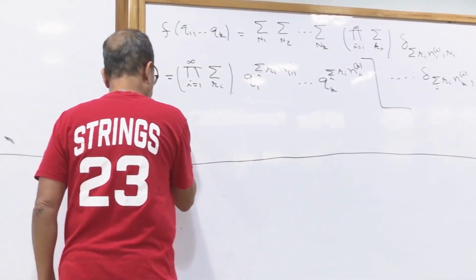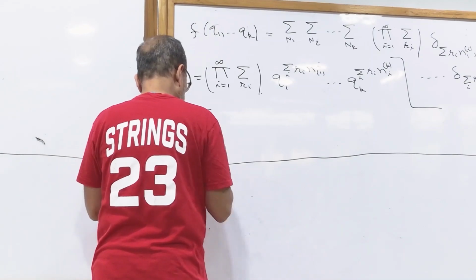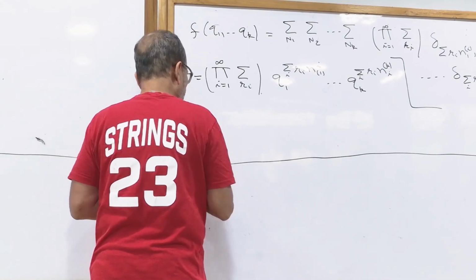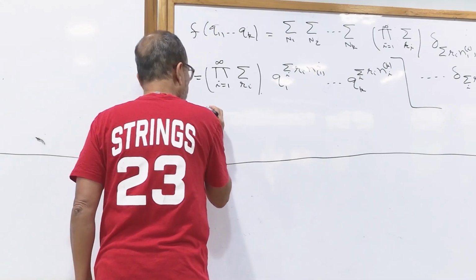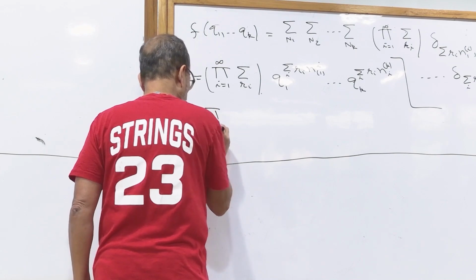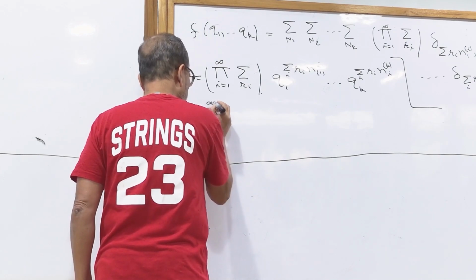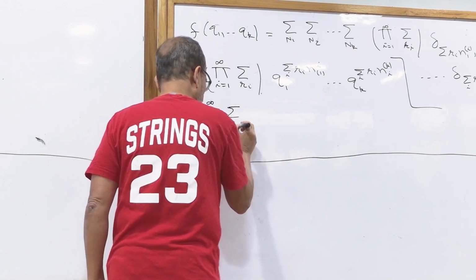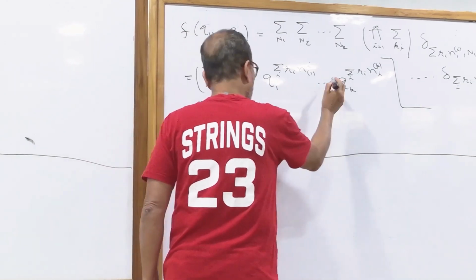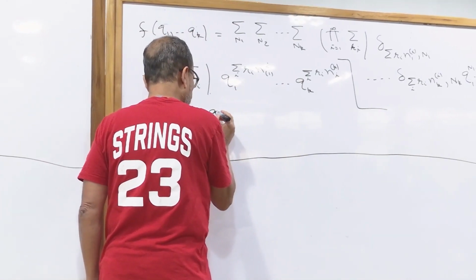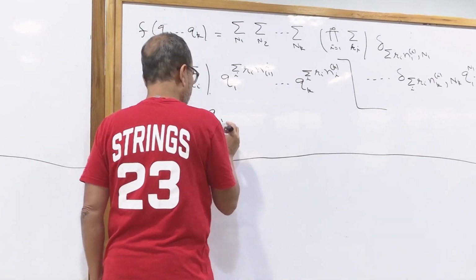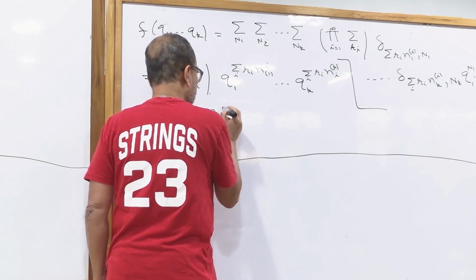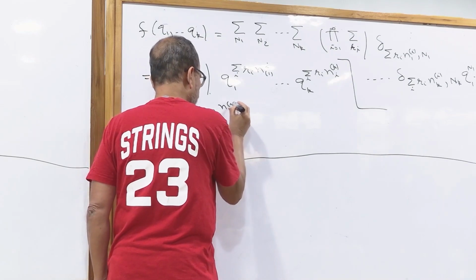So this I can now write in two steps. I am going to write this as Q1 to the power N1I.